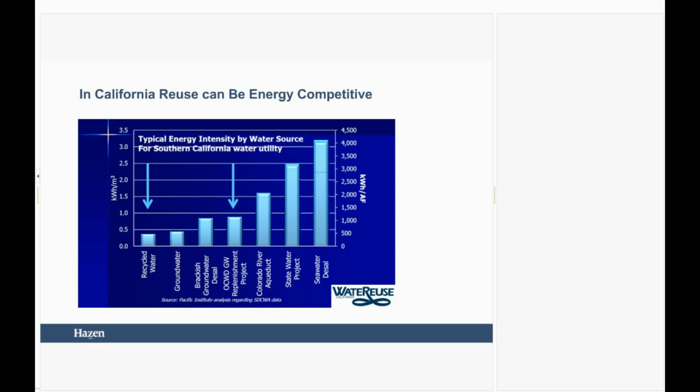I should point out what some of the other things are here. The recycled water on the far left-hand side is non-potable, so that's with less treatment. Groundwater is pretty common in California, so there are a lot of groundwater supplies. But if you want to get a copy of this, if you go to the Water Environment Research Foundation, I'm sure you'll be able to get one.